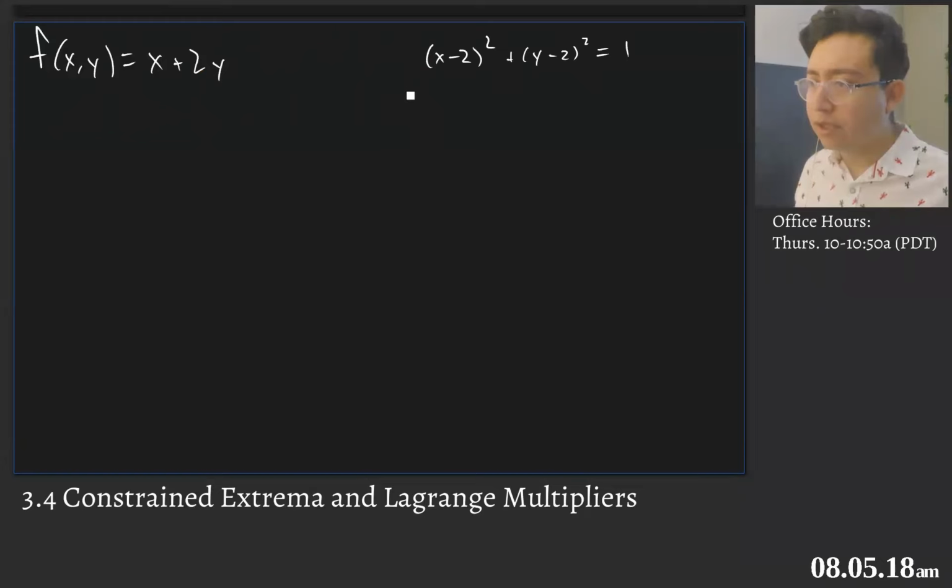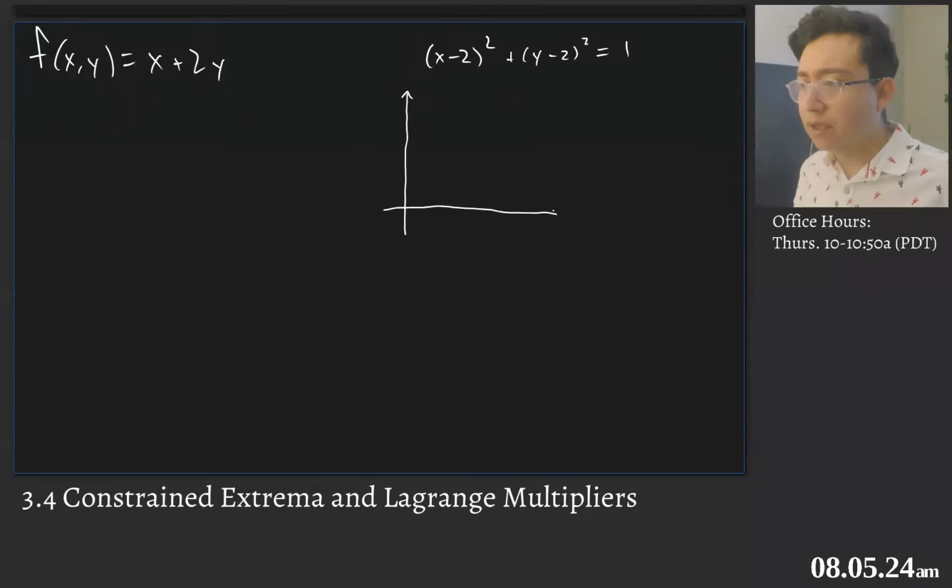This is the circle centered at 2, 2, right? So we have this, and we have a circle centered at 2, 2. Okay, so that's this right here.